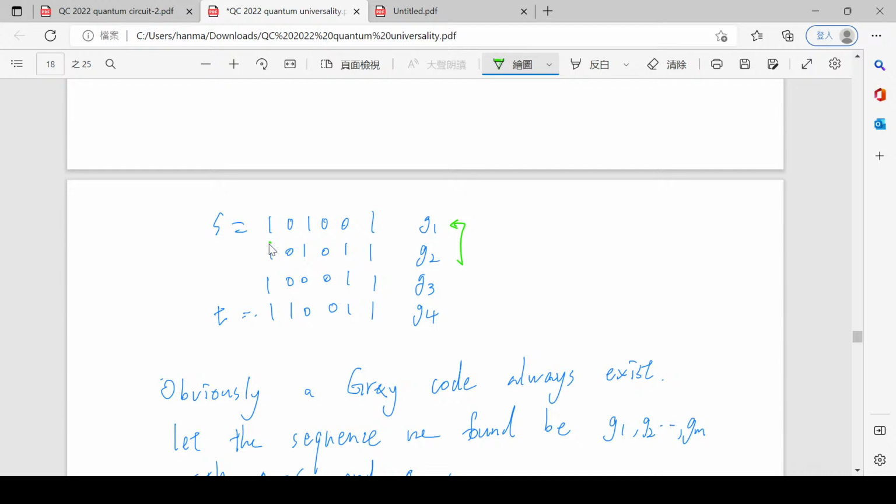Then you want to control on those 5 things, which are actually 1, 0, 1, 0, and you flip this bit. Then you will swap between G and G1, and you will swap G1 and G2. Then there are similar things, so you want to swap between G2 and G3. Then you control on those things being what they are, and then you flip those 2, and so on. So that's what those generalized Toffoli or multi-control X gates will do.